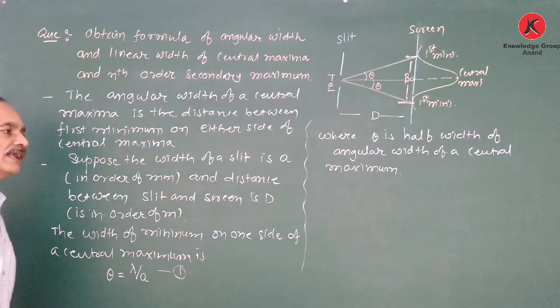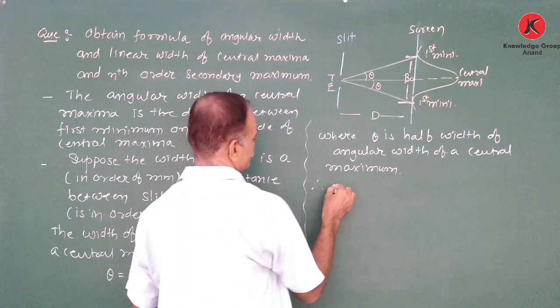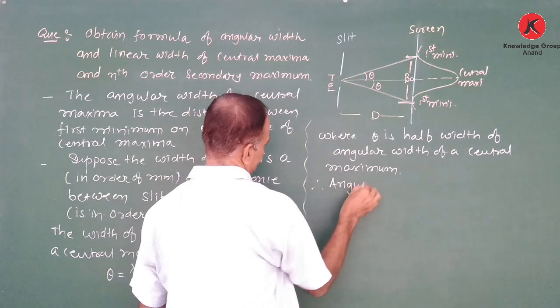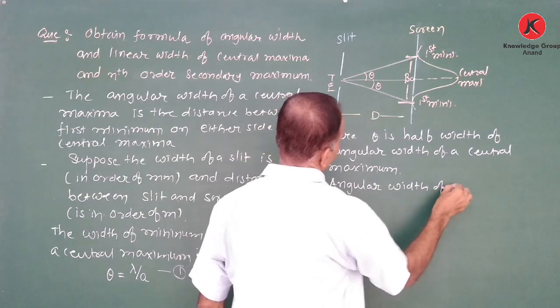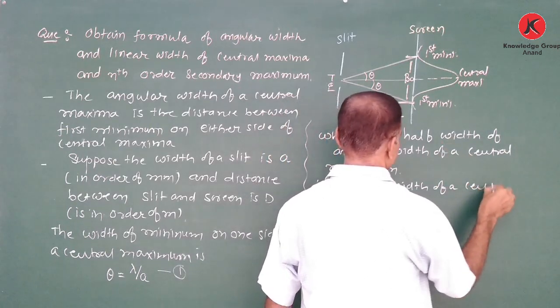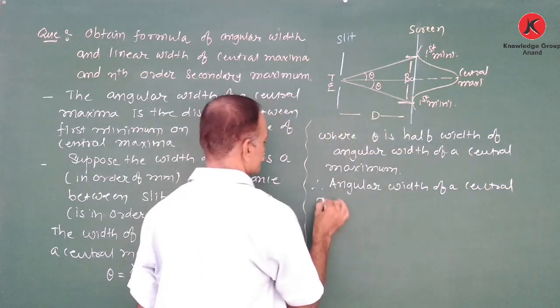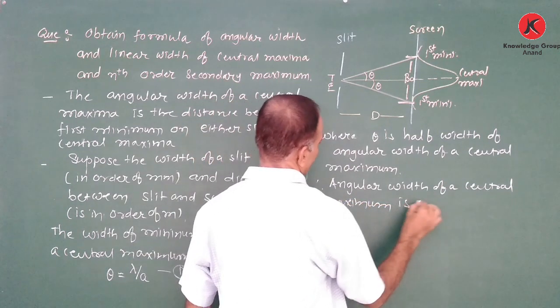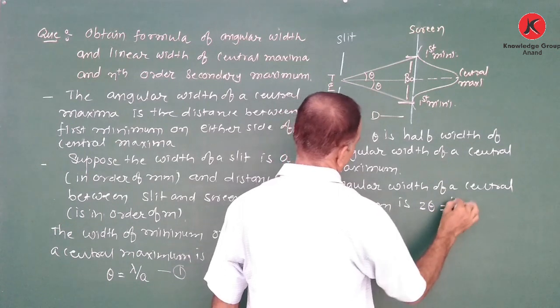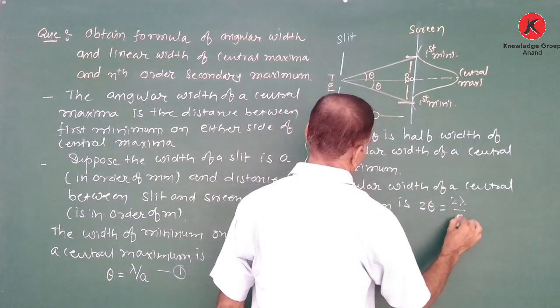Therefore, the angular width of a central maximum is 2 theta is equal to 2 lambda upon a.